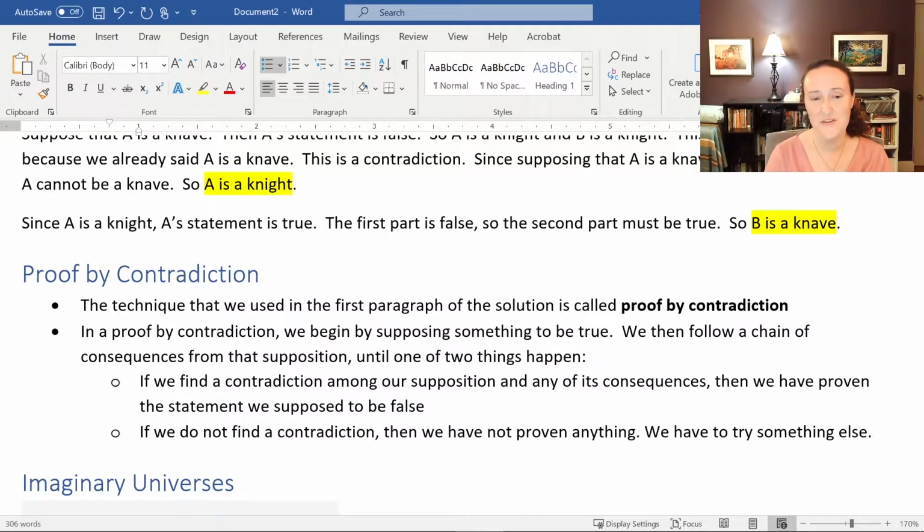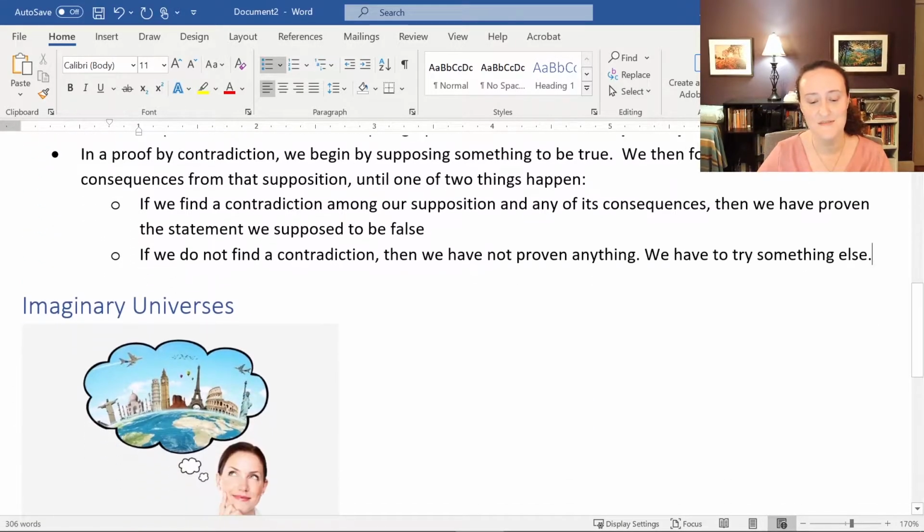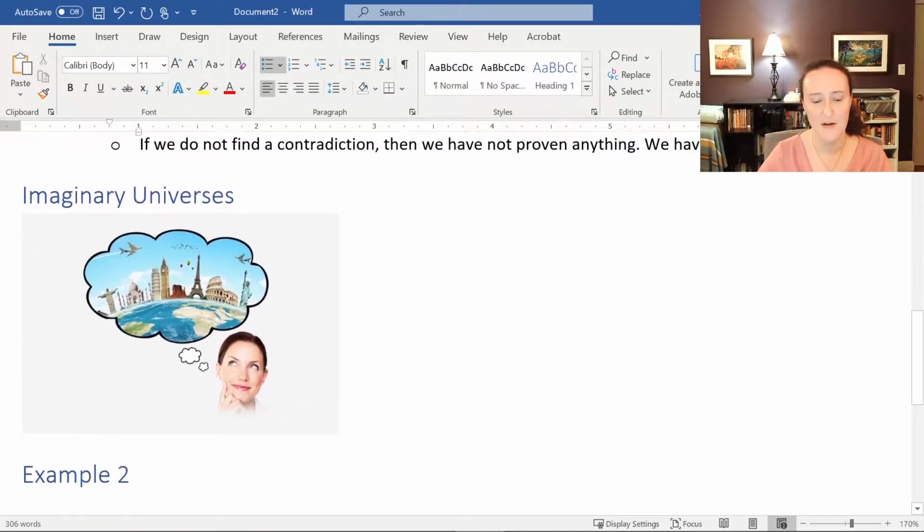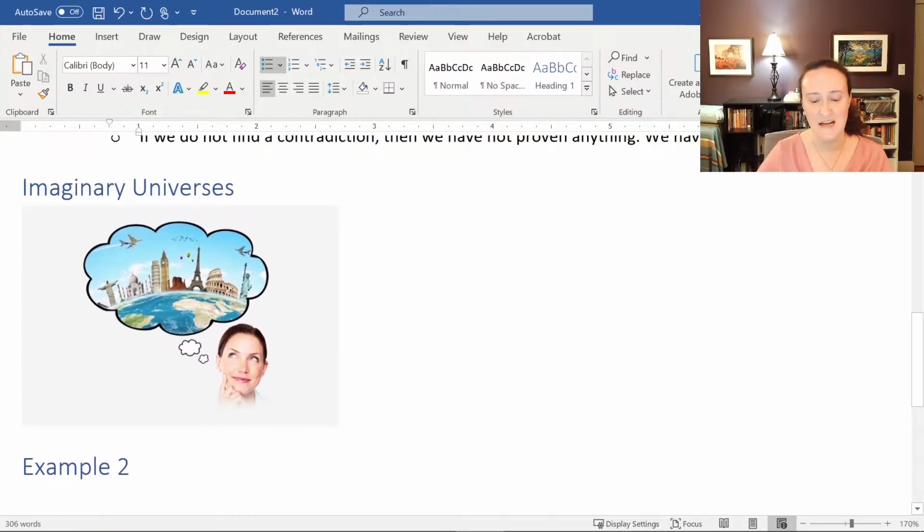So hopefully the logic here makes sense to you guys of how this technique works. It's really more profound than you might think. So let's linger on this for a little while. What you're doing when you suppose some statement, like when you suppose that A is a knight, is you're basically stepping into an imaginary universe.